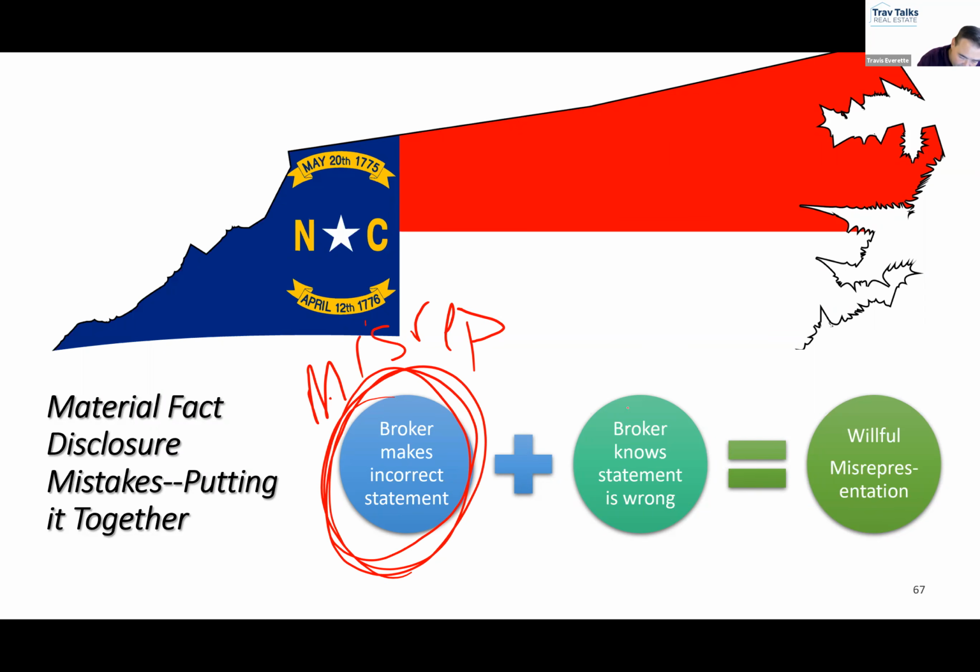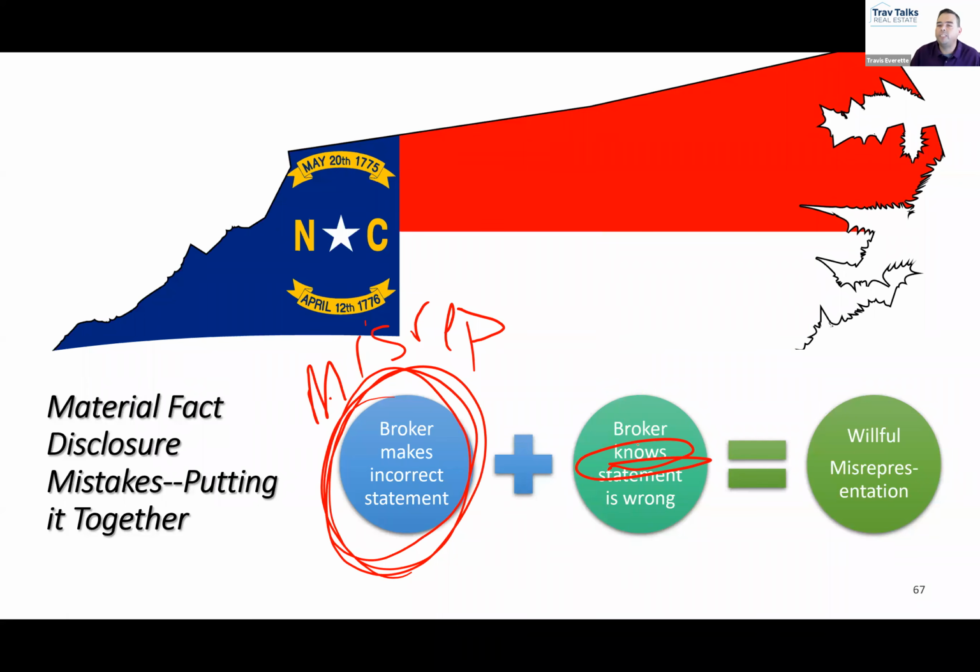This part right here, we know the statement is wrong. That is willful. You all run in 86,000 ridiculous directions with this, folks. If I know what I'm doing is wrong, am I doing it willfully or am I doing it negligently?